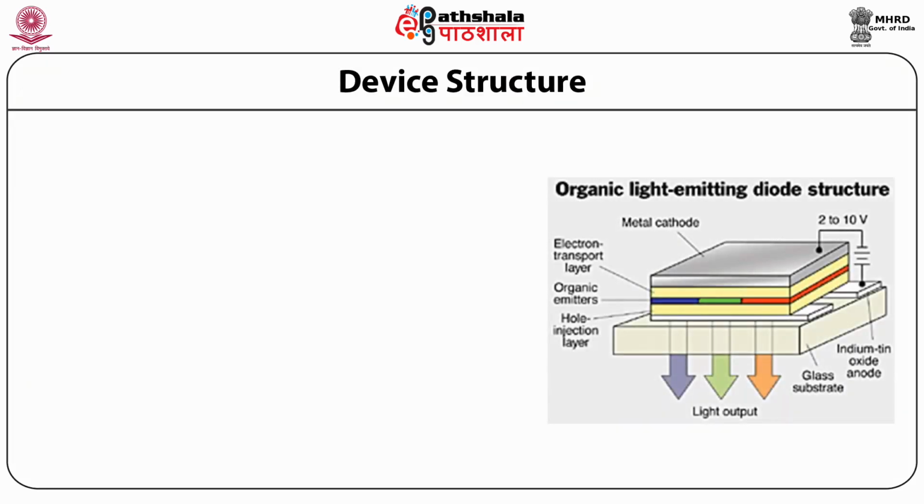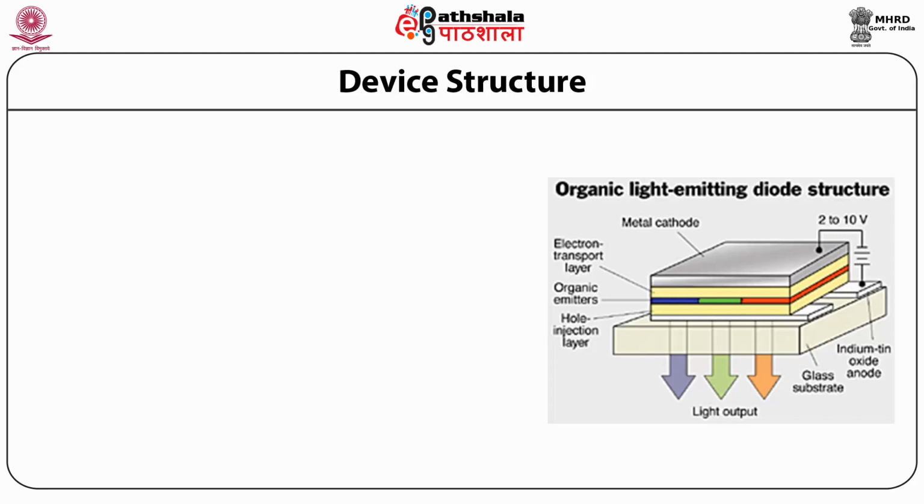Now students, let us discuss the device structure of an organic light emitting diode based display. The device structure of an OLED comprises a stack of thin organic layers consisting of the emissive active layer sandwiched between a transparent anode used for the emission of light and a metallic cathode.